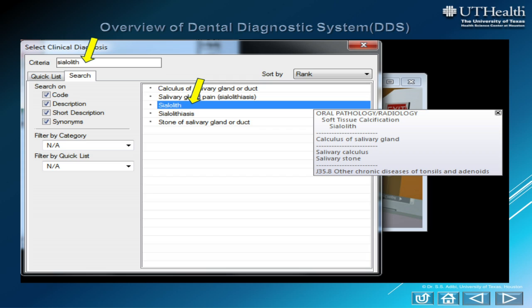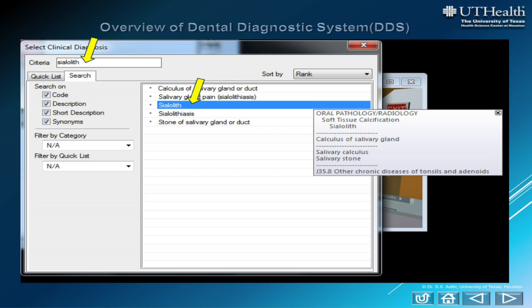For instance, care should be given to not confuse these conditions with calcification of parotid lymph nodes seen frequently in patients with tuberculosis.